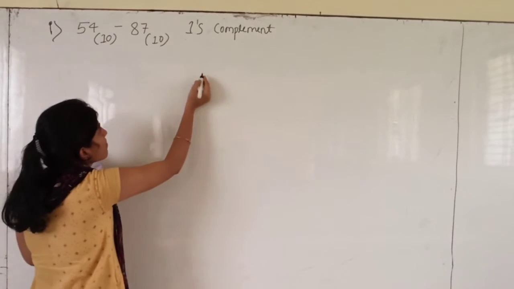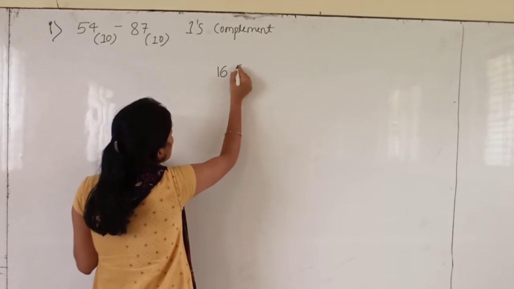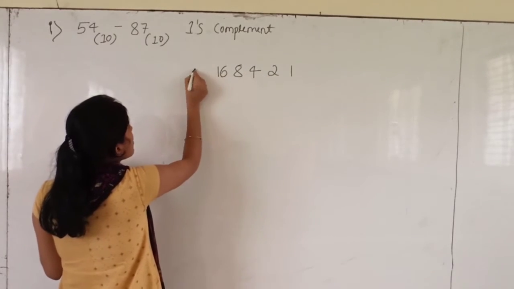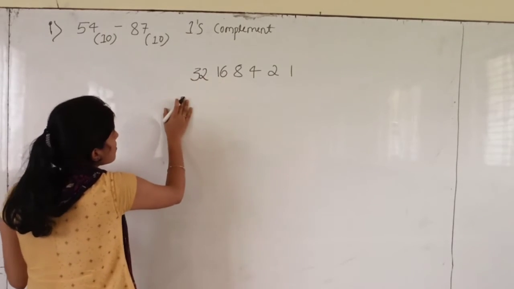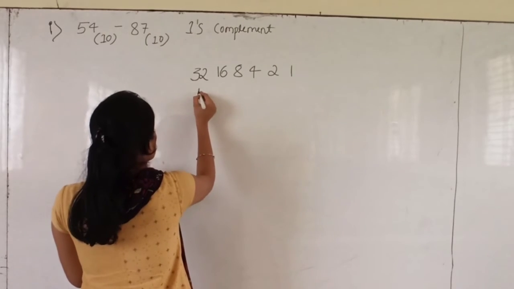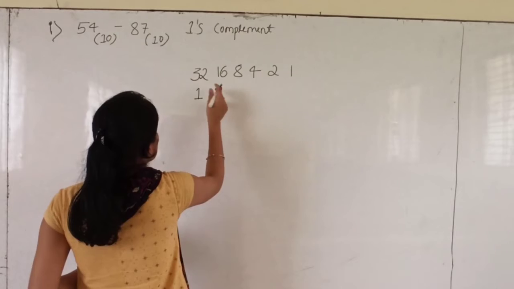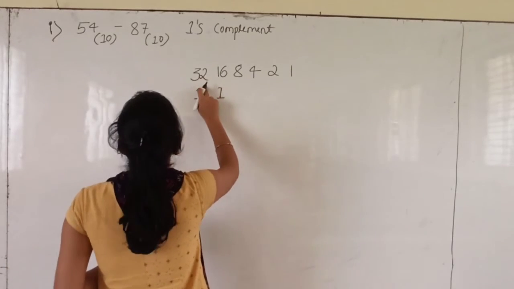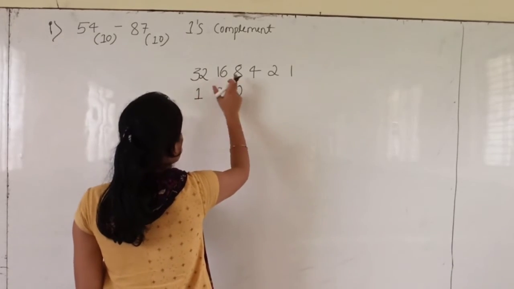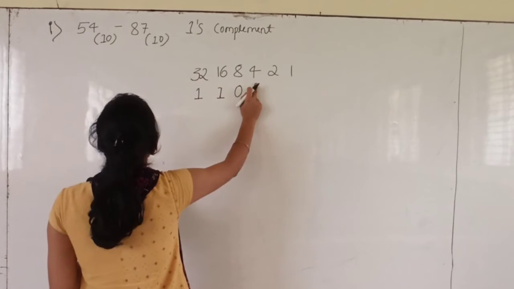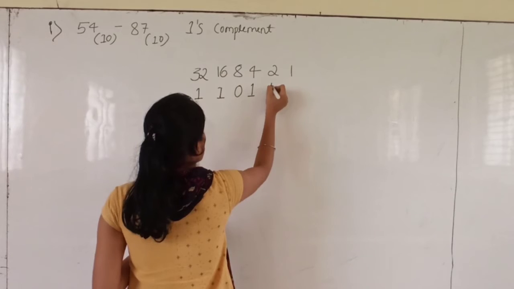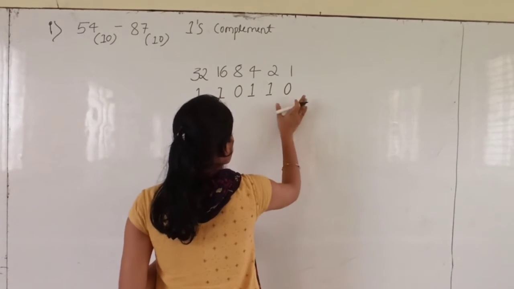For 54, using the 64, 32, 16, 8, 4, 2, 1 code, you can take 32 first. 32 plus 16 is 48, and the 8th position will be 0. 48 plus 4 is 52, 52 plus 2 is 54, and the 1st position will be 0.